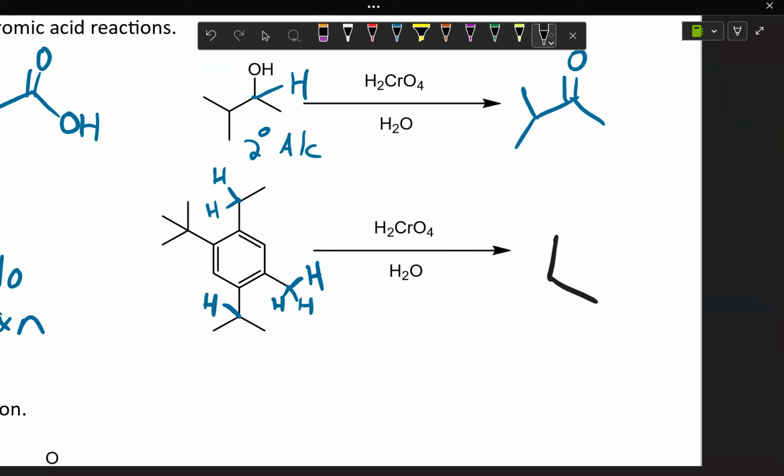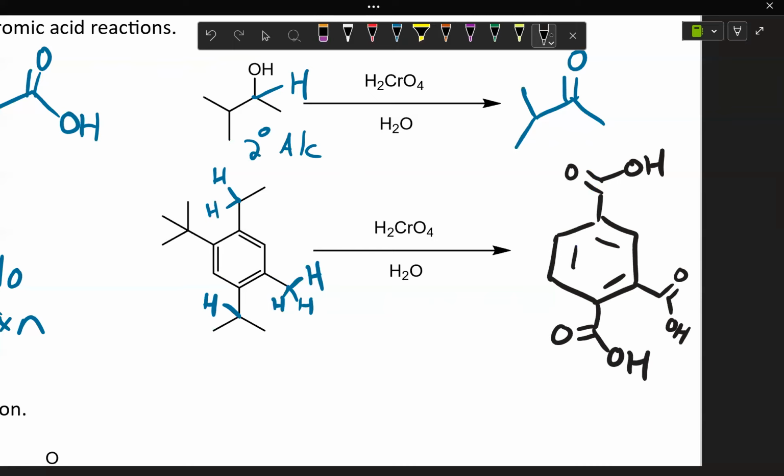So all three of those alkyl groups that have hydrogens on the carbon that's directly attached to the benzene ring are going to turn into carboxylic acids. But for this tert-butyl group, because the carbon directly attached to the benzene ring has 0 hydrogens, chromic acid is not going to react with that. So that's the product you're going to get.